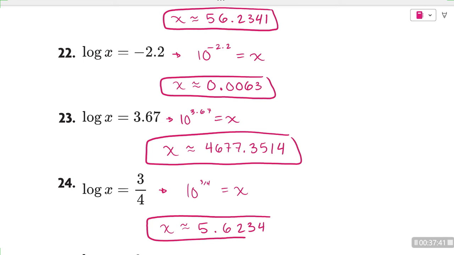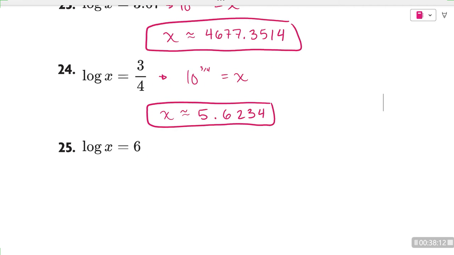Since it's followed by 1, it does not round up, right? Oh wait, why am I doing negative 1? 10 to the 1 is 10. So 0.75 is in between 0 and 1. Makes sense that we get a number between 1 and 10.